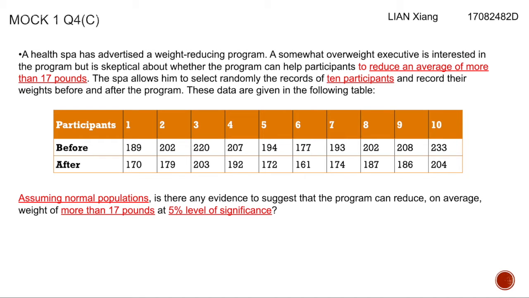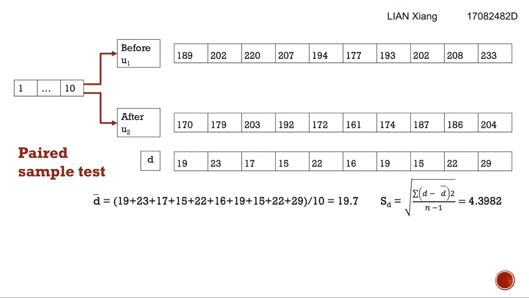So the question is, assuming normal populations, is there any evidence to suggest that the program can reduce, on average, weight by more than 17 pounds at 5% level of significance? Drawn from the question description, we know that there are 10 participants in the sample, and their weights before the program are 189, 202, 220, 207, 194, 177, 193, 202, 208, 233.